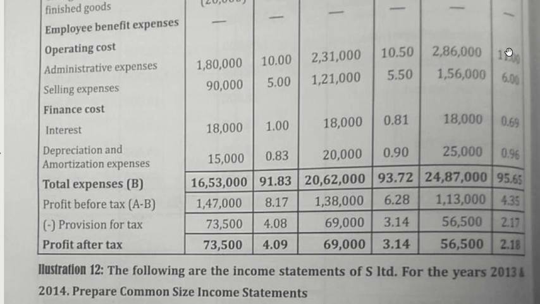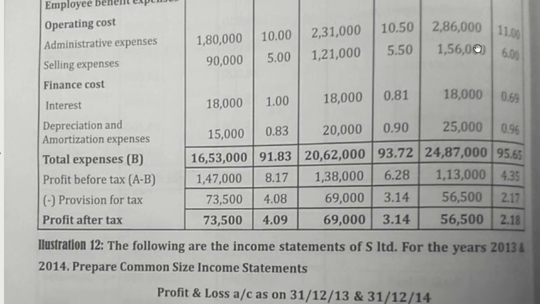Next, employee benefit expenses, nothing is there, so you just leave it as it is. Then operating cost, you have your administrative expenses 1,80,000 divided by 18 lakhs into 100, you get 10%. 2,31,000 divided by 22 lakhs into 100, which you get 10.50%. 2,86,000 divided by 26 lakhs into 100, which you get 11%.